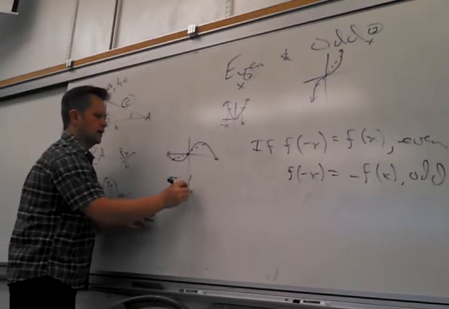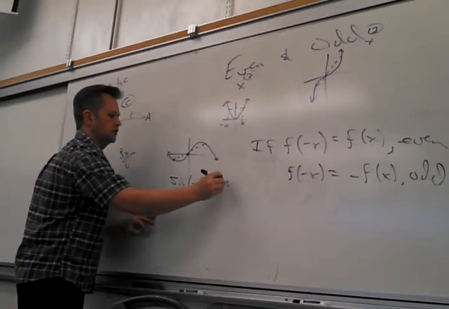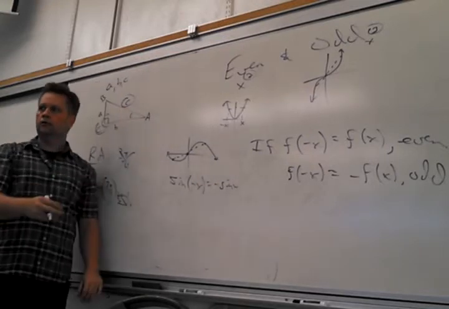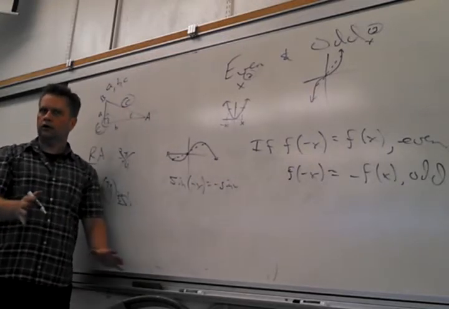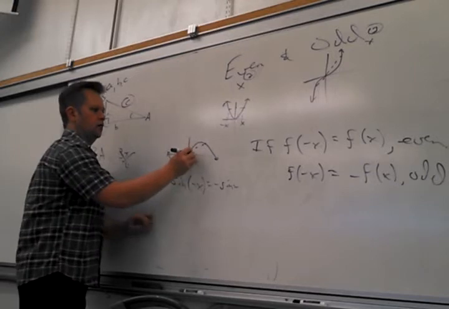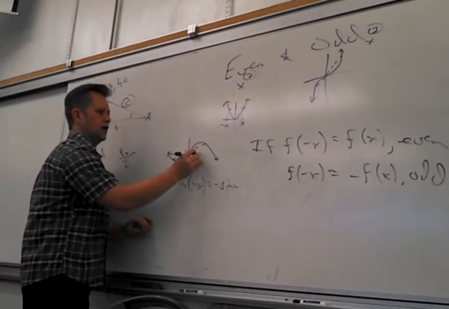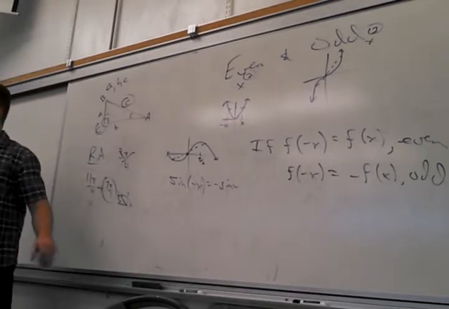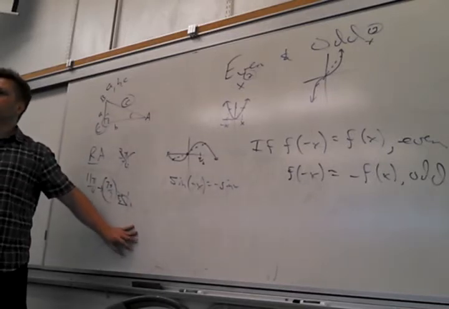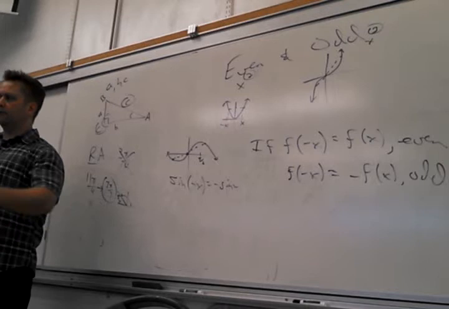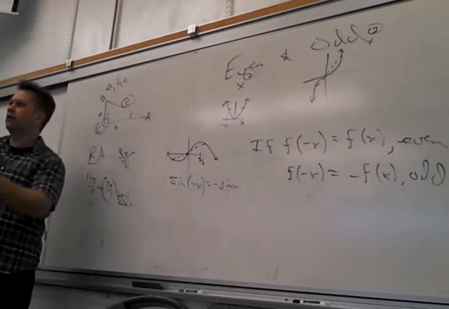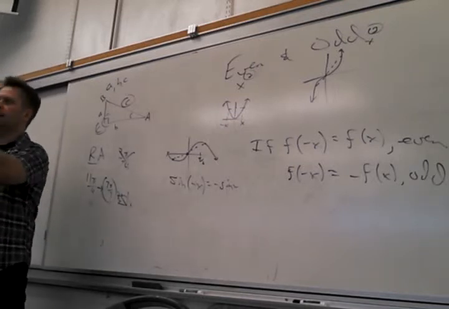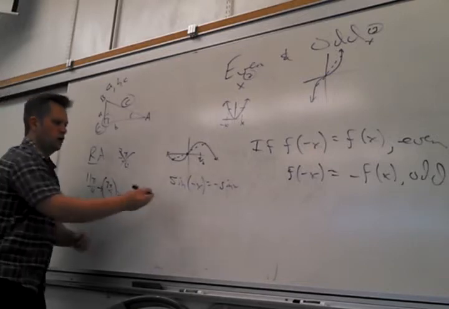That means that sine of negative x equals negative sine of x, because it's odd. If I plug in, what's sine of pi over 2? 1. What's sine of negative pi over 2? Negative 1. And they're negatives of each other, right? So sine of negative x is negative sine of x.